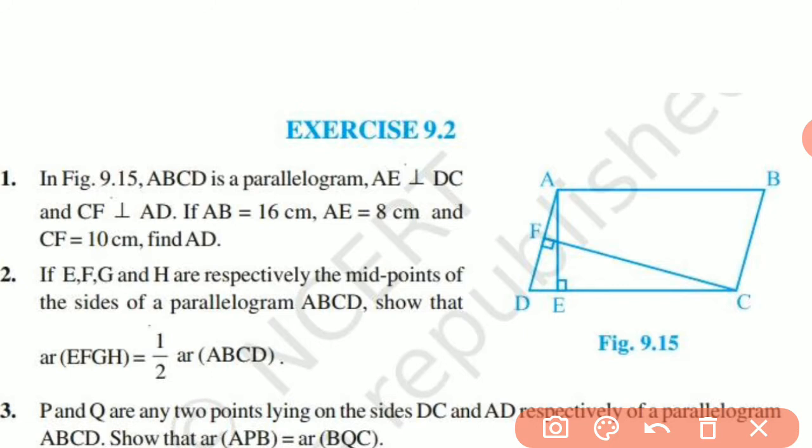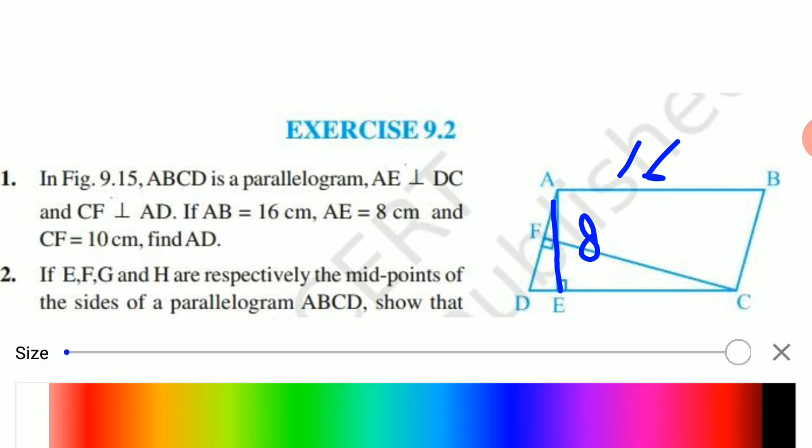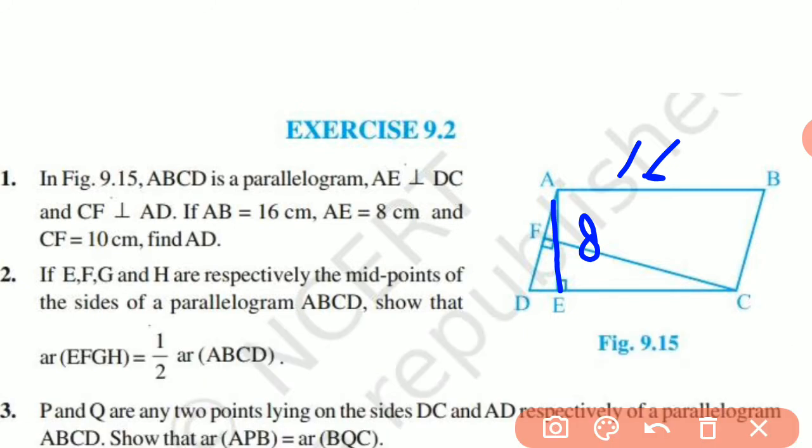If AB is equal to 16, it means this is 16, and AE equal to 8, this perpendicular is 8, and CF equal to 10, this perpendicular is 10, and then find the value of AD.